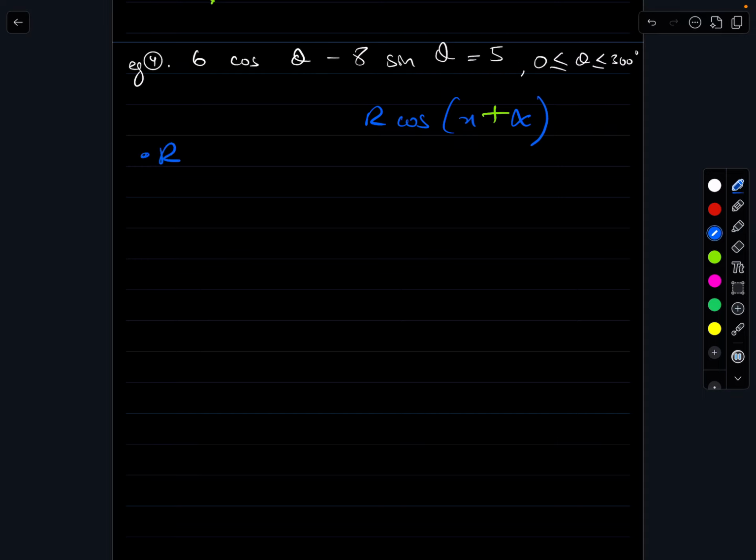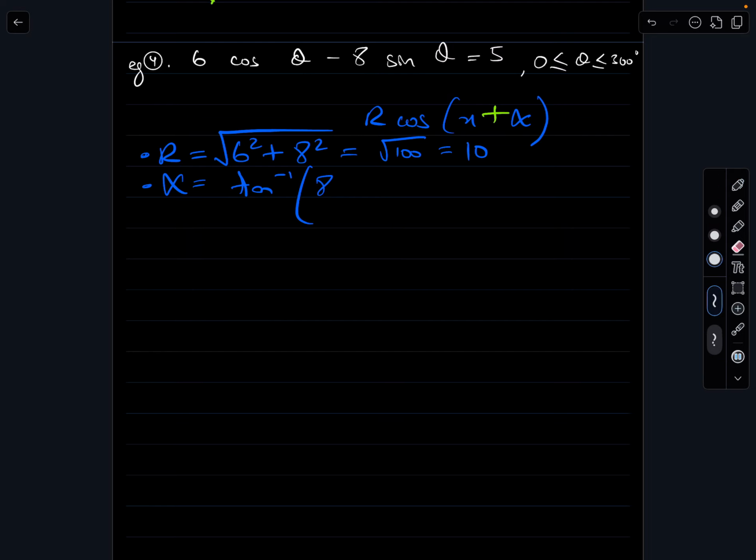So solving for r, the square root of 6 plus 8 squared, ignore the sign for 8, and r turns out to be square root of 100, which is 10. Then solving for alpha, alpha is tan inverse of 8, ignore the sign again, over 6. This is 53.1 degrees.